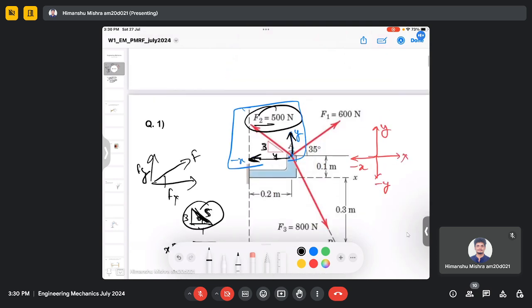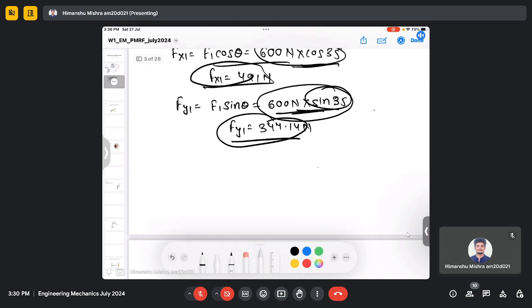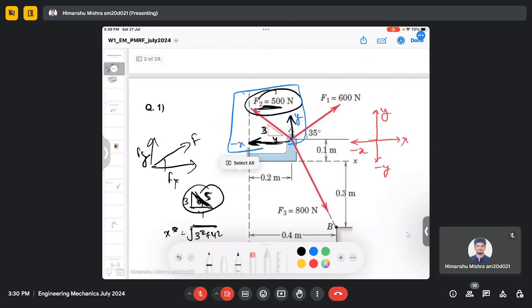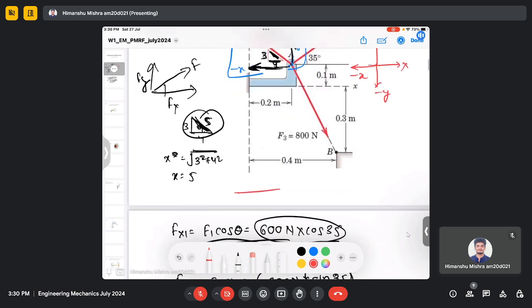You have a force F2 here, which is 500 Newton, and let's say you need to calculate its contribution along the x-axis. This is your known force F2, and you need to consider this part, so you will consider two sides. For example, I have a triangle here: this is F2, which is given, and this is F2x, and this is F2y.